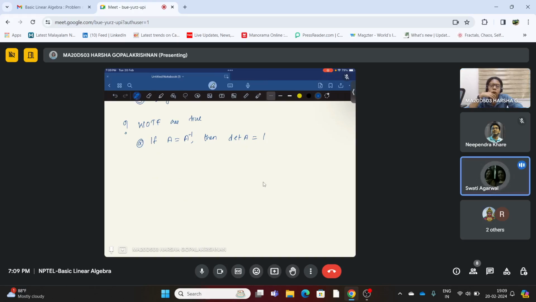Determinant of A inverse is equal to 1 upon determinant of A. So A equals A inverse gives determinant of A whole square equal to 1. Yes, you are correct. Determinant of A inverse is 1 upon determinant of A.